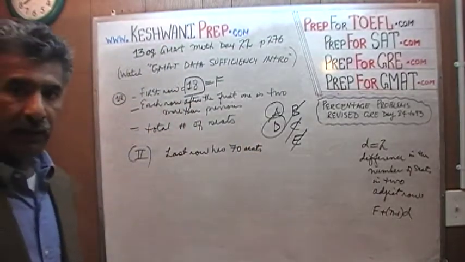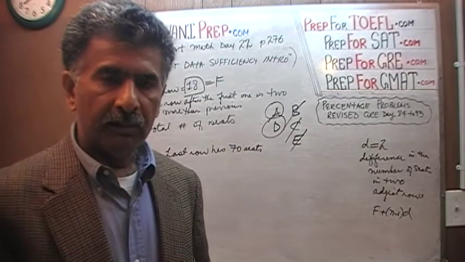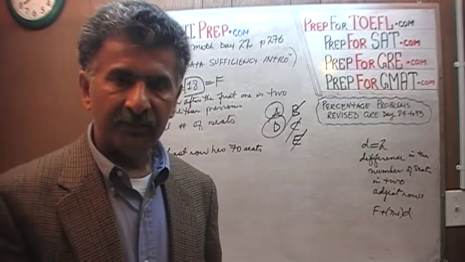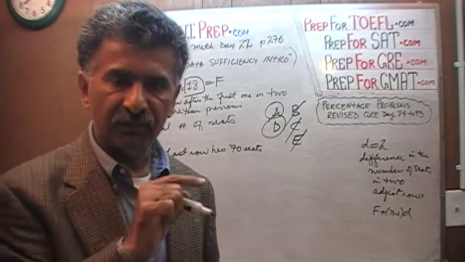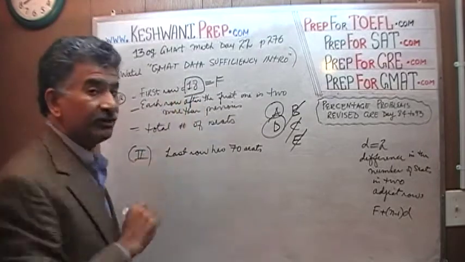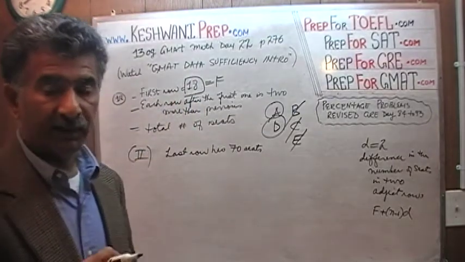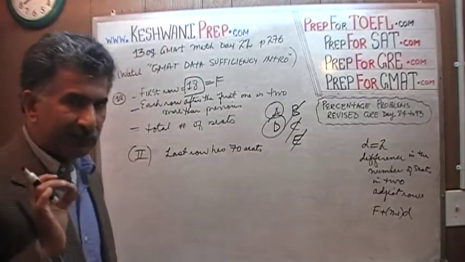Well, of course, if we know that the last row has 70 seats, the one before it must be 68, the one before it must be 66, the one before that must be 64, and so on and so forth. We can work backwards until we get to 18, which is our first row, and we stop at that because there are 18 in the first row. One more time, it can be done.